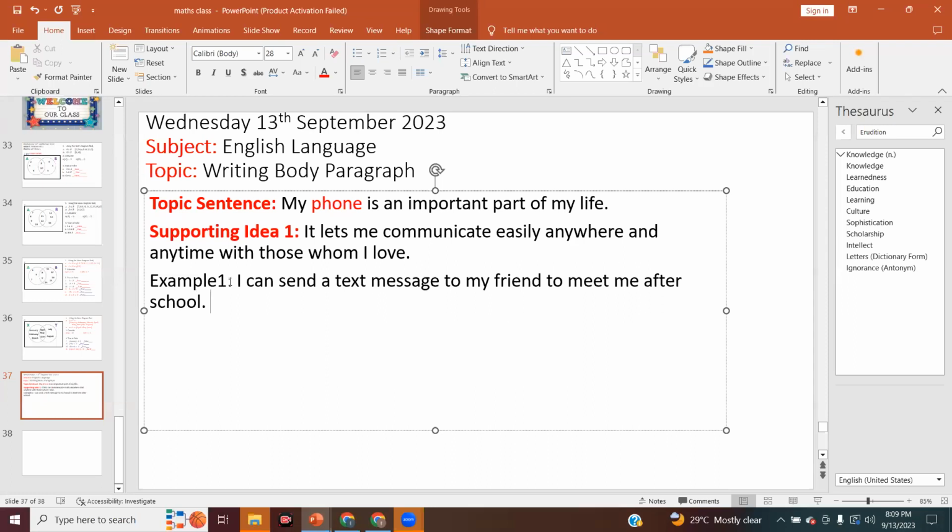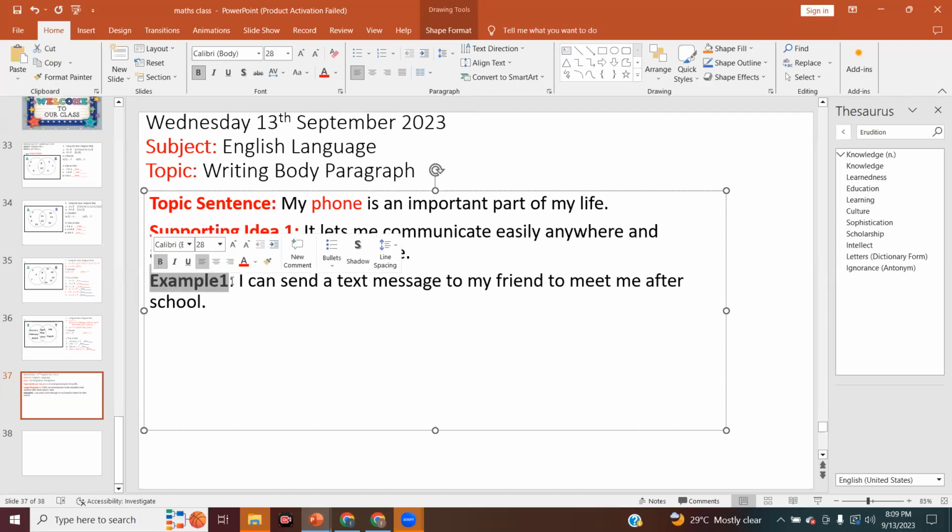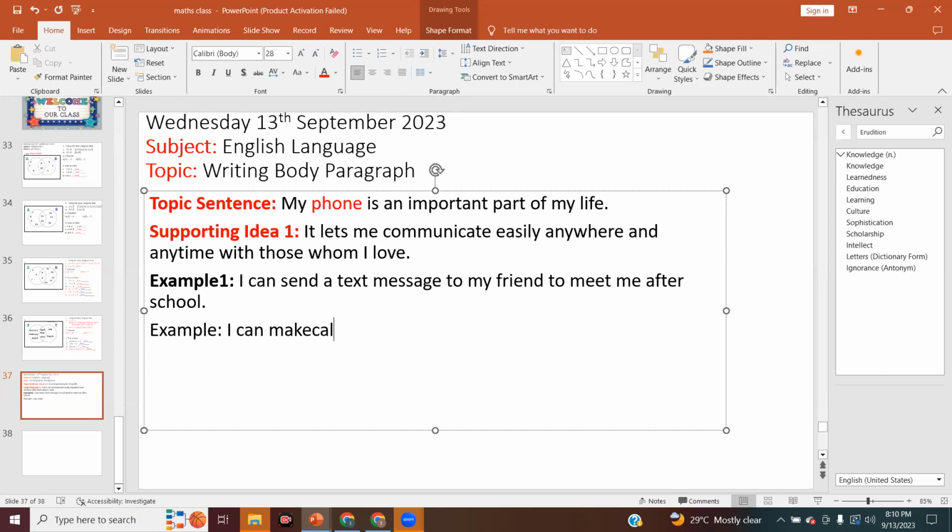Why else would the phone be important? Or how else can we contact? So text message, what else could you use to communicate? I can make calls to my parents in case of an emergency, right? And what else? That's example number 2.